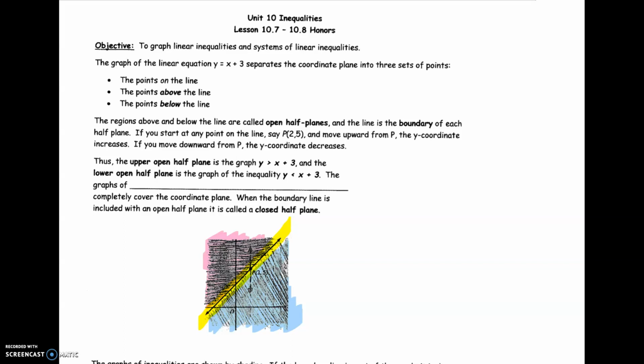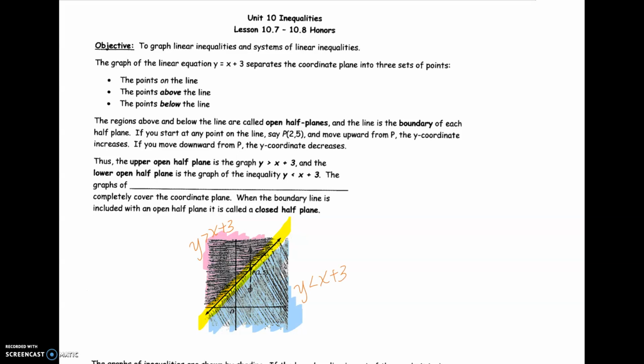Thus, the upper half of the open half plane is the graph of y is greater than x plus 3, not equals. The lower half plane is y is less than x plus 3.